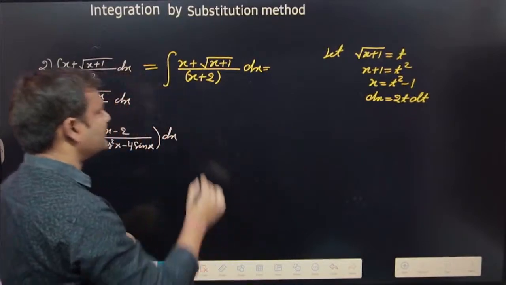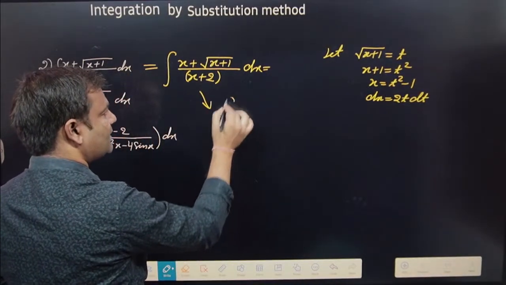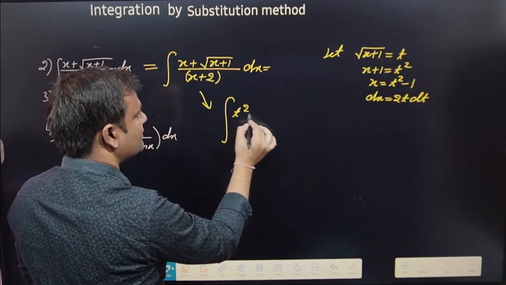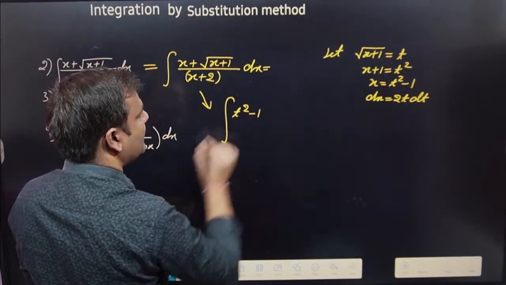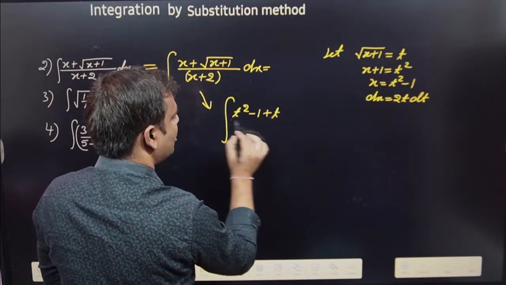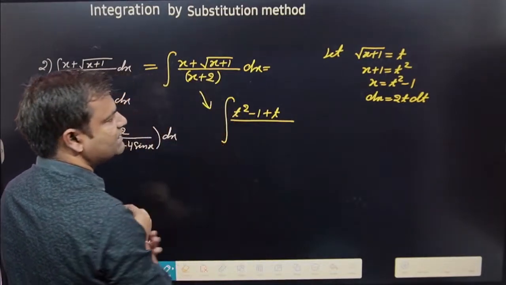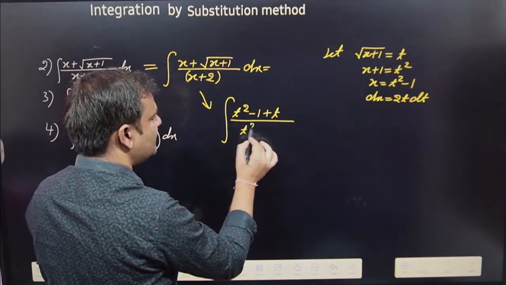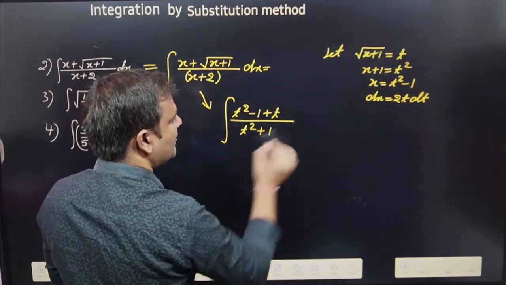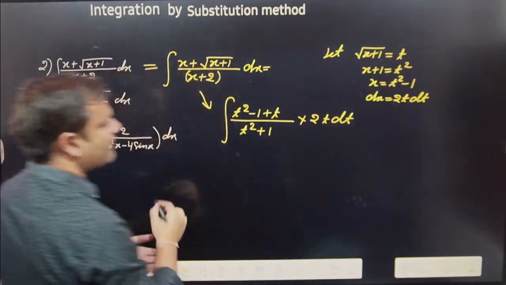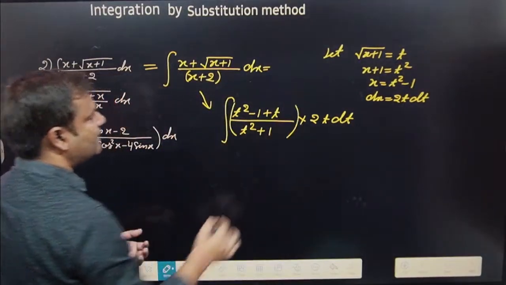So that part is written as integration of t square minus 1, and here t divided by x plus 2, where x is replaced by t square minus 1, so basically t square plus 1, and this is written 2t dt. I hope it is clear now.